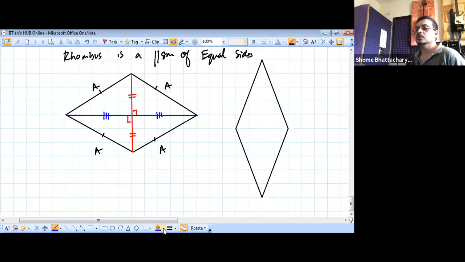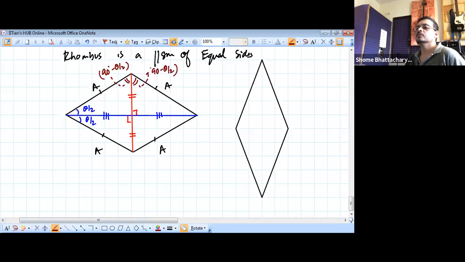And more importantly, these two angles have to be the same. So if this whole angle was theta, it has to be cut into theta by 2 and theta by 2. Likewise, these two angles will become equal. This angle will become equal to this angle, and this angle will be 90 minus theta by 2, as will this angle.